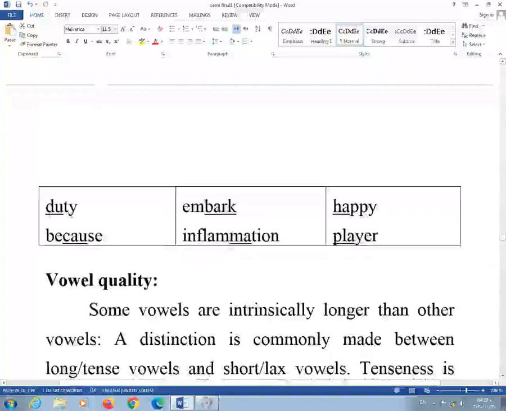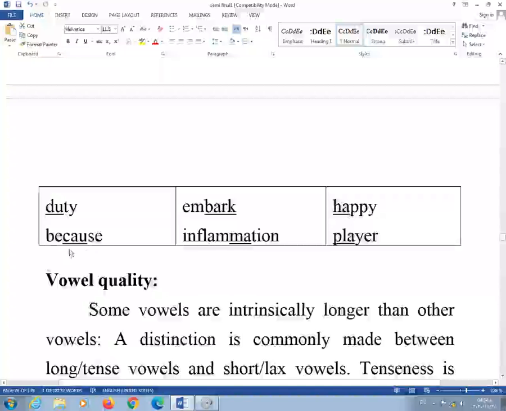Do you say duty or duty? Okay. Impart, which syllable is stressed here, the underlined one? Part. Happy. Okay, happy. Do you say happy or happy? Okay, first syllable is stressed, and as you see, this influences the length of the vowel inside this syllable.